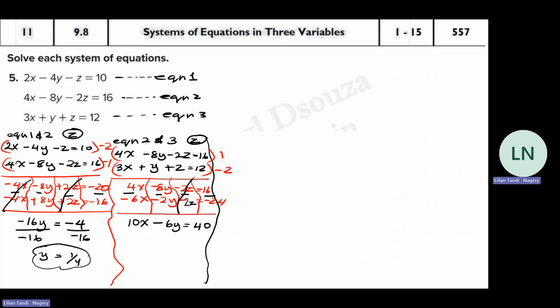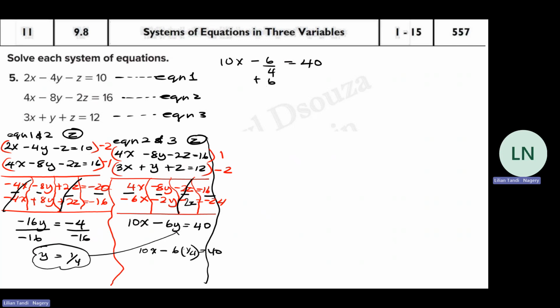And then I'm going to substitute y over here. So you're going to have 10x minus 6 multiplied by 1 over 4 equals to 40. So you're going to have 10x minus 6 over 4 equals to 40.